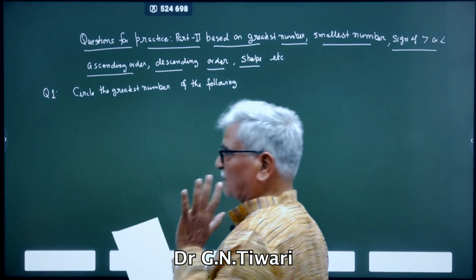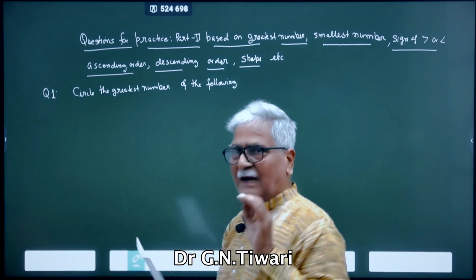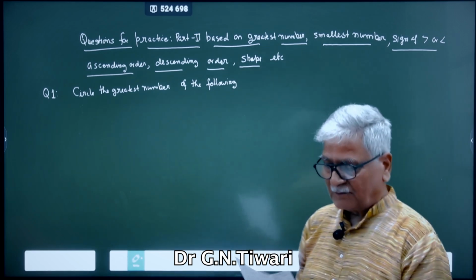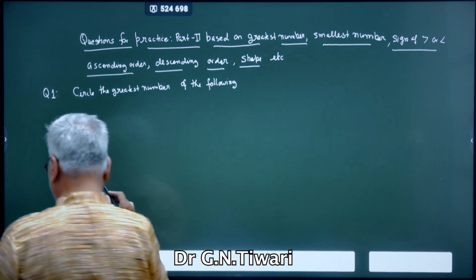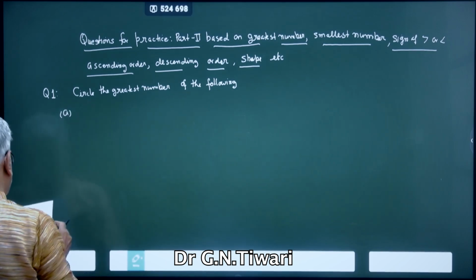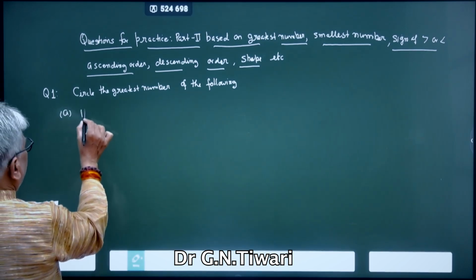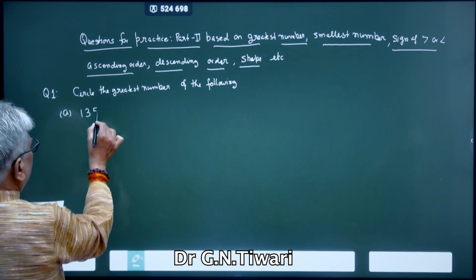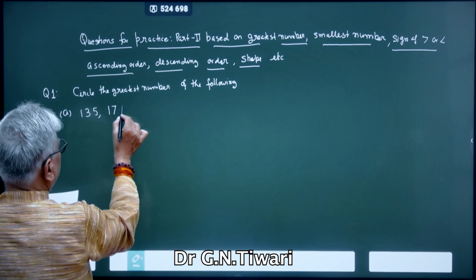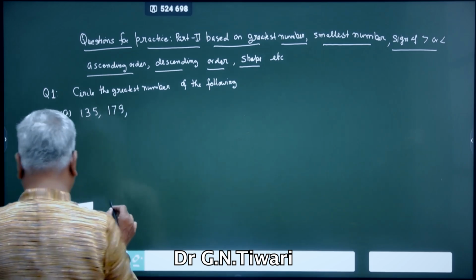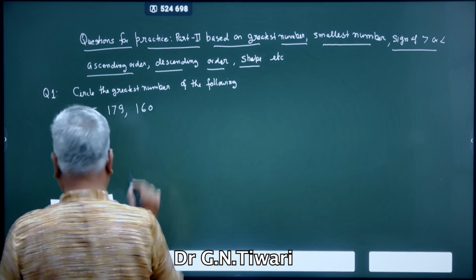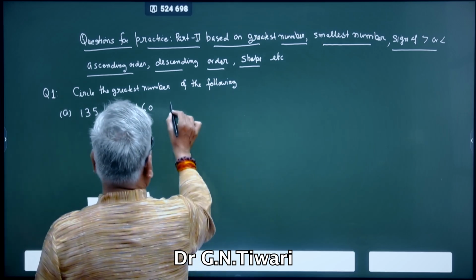I will explain one for you, the rest you have to do. For example, question A: 135, 179, 160. This is question A.